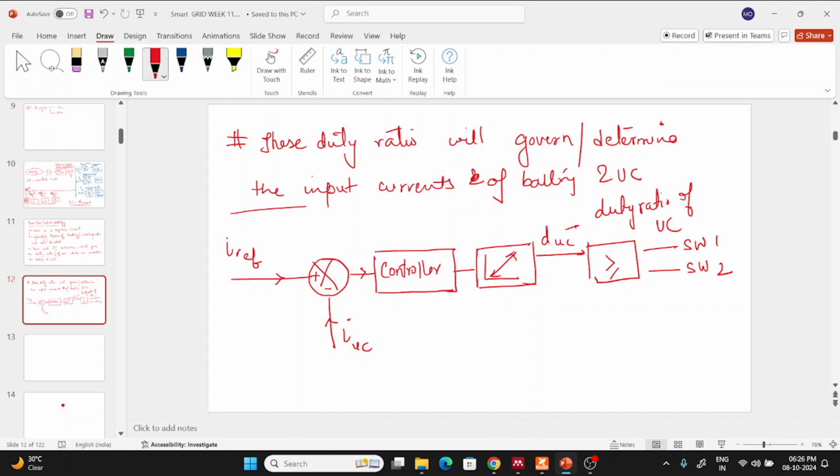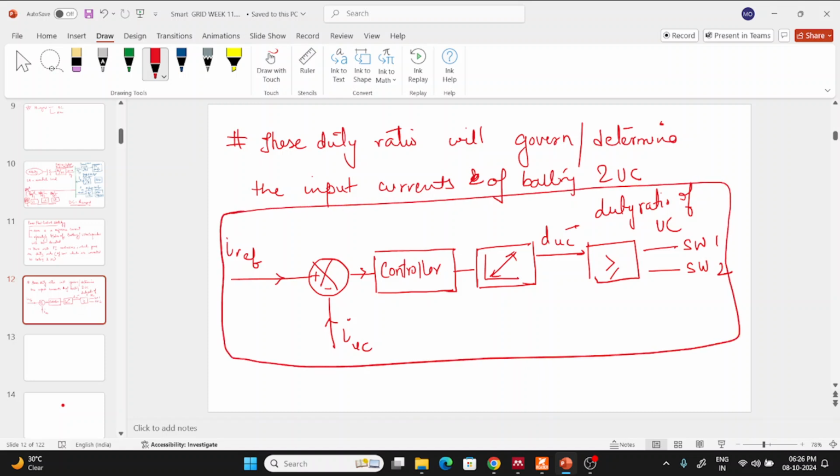So this is the inner loop control of the ultra capacitor. Similarly, the same scheme of control will be given to the battery.